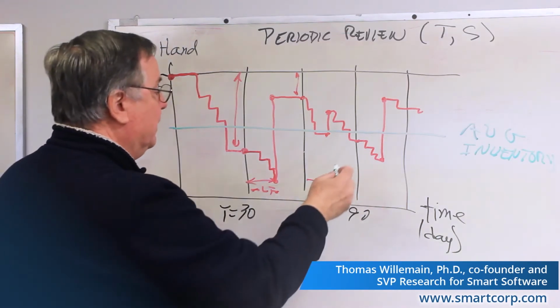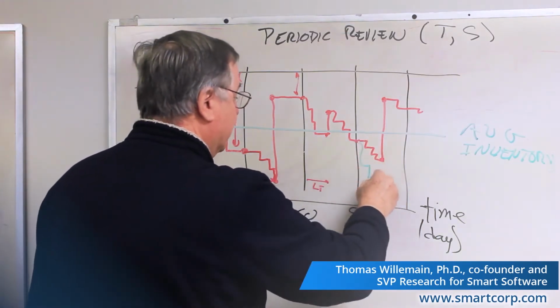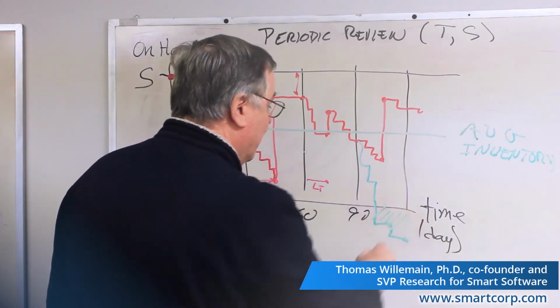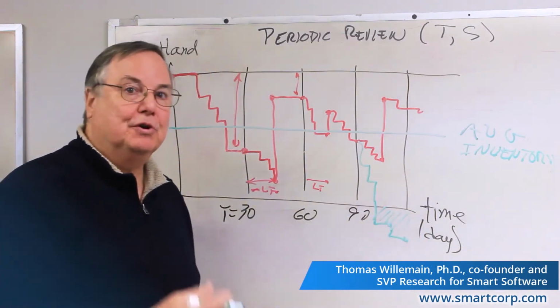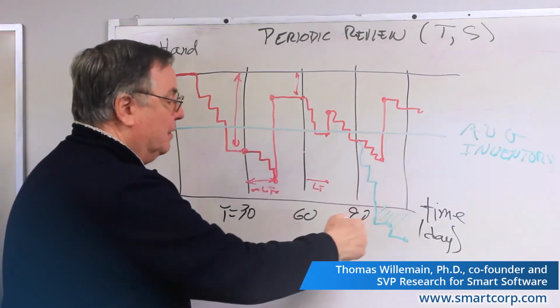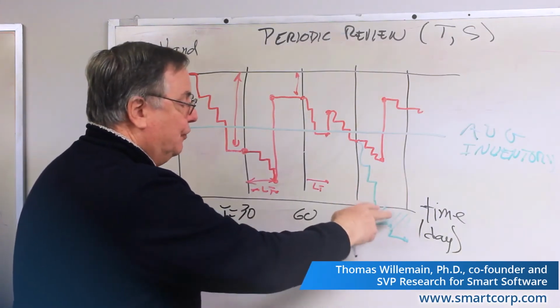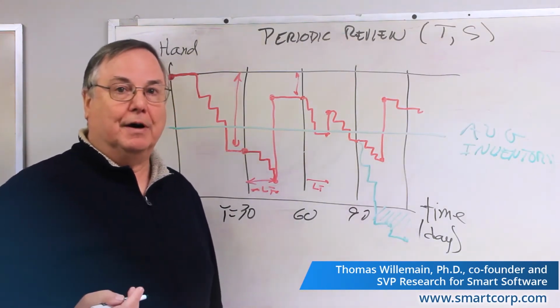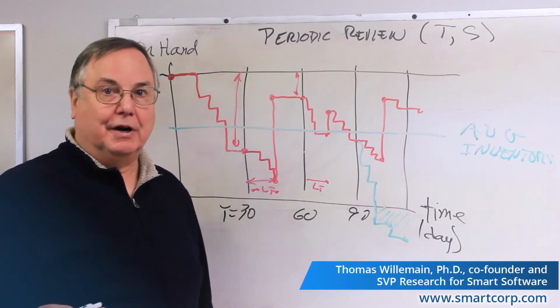But if this red line, you happen to have a very busy time, and you went down here, then all this is going to be stuff you could not supply when asked. So this picture can also show you the third component of inventory operating cost, which is the shortage cost.